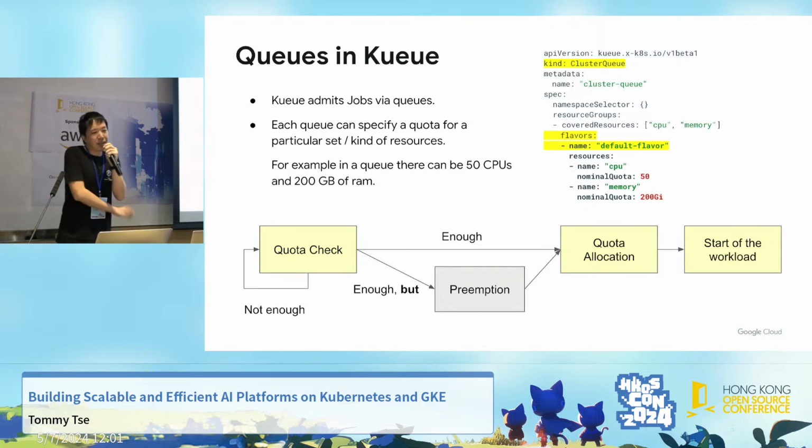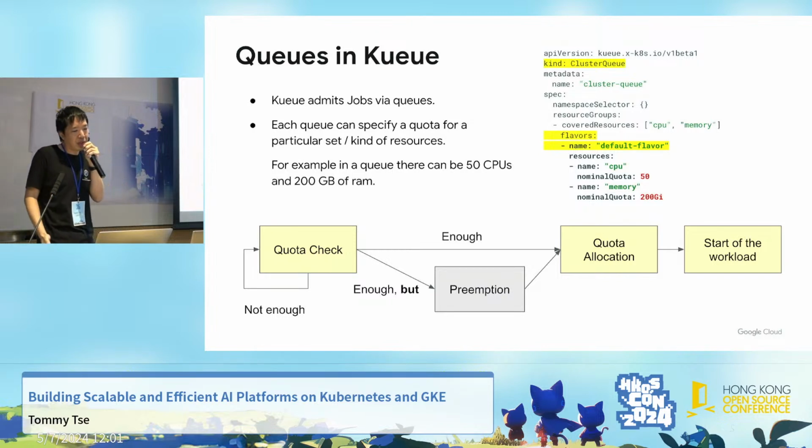This is a bit of detail on how Kueue works, as in the definition. There's a concept called queue within Kueue. The name is a bit similar, but basically what it does is, within the cluster, you define different queues. So maybe team A gets a queue for team A, and team B gets their own queue as well.